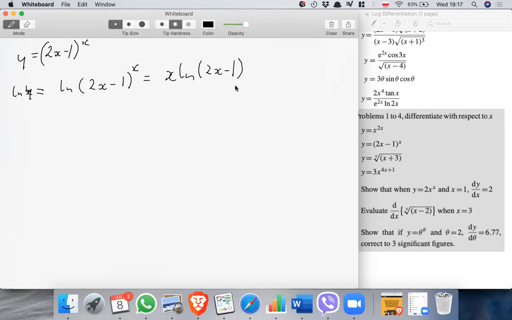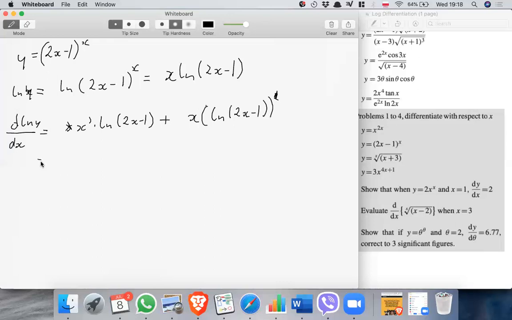And again, we're dealing with a product over here, so we have to apply the product rule. So d ln y/dx is equal to the derivative of x multiplied by ln of 2x minus 1, and then add to it x multiplied by the derivative of ln of 2x minus 1.